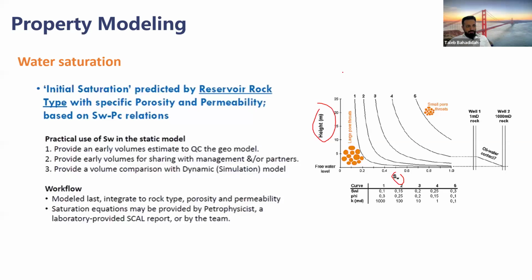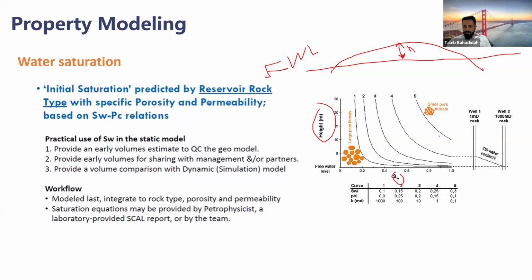For example, if you have a reservoir here, and then you have the free water level here, or oil water contact, this is the height. I will also show you a demo of this one. We call it height above free water level. So this is how we are building the saturation.